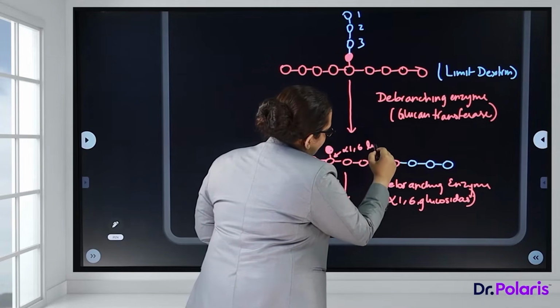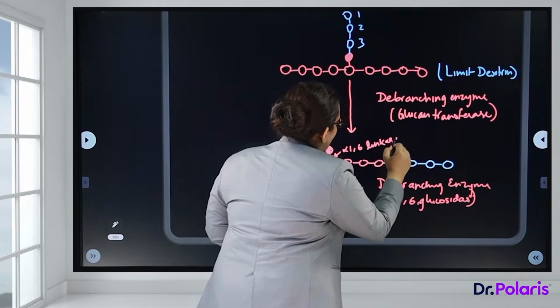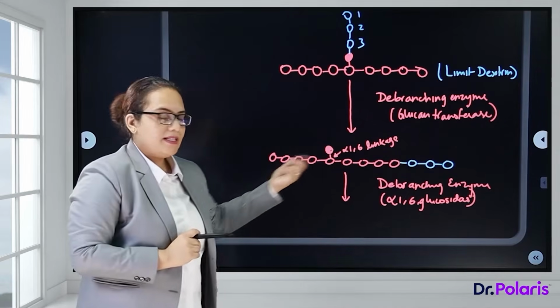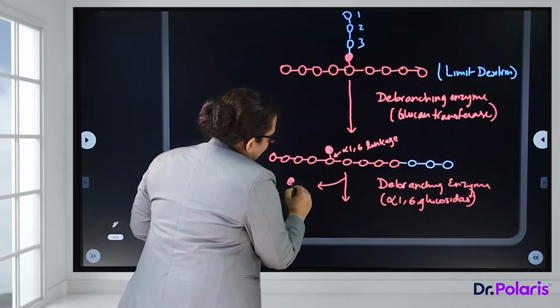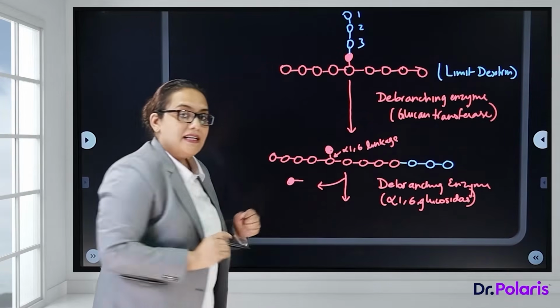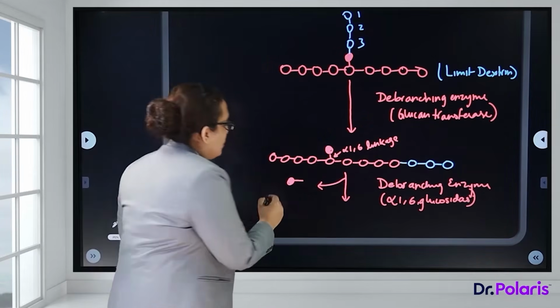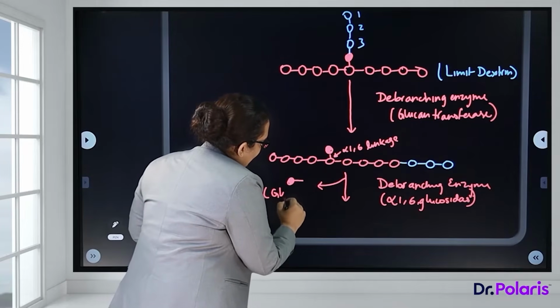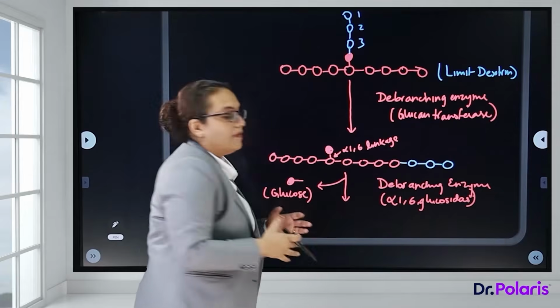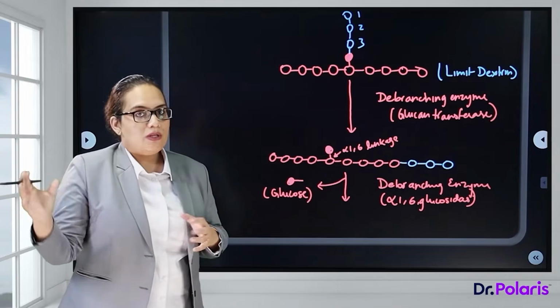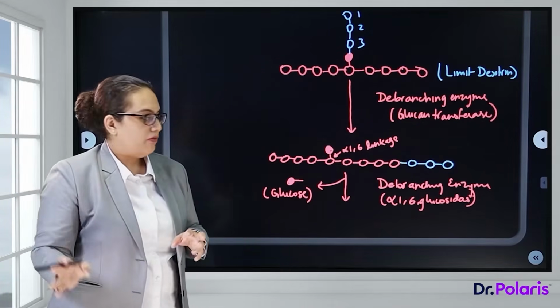So that alpha 1,6 linkage is broken down so as to release the glucose unit present at the branch point. This glucose unit gets released as glucose. Mind you, it is not glucose 1-phosphate but free glucose, which is formed using the debranching enzyme. In the case of glycogen phosphorylase, the glucose units are always released as glucose 1-phosphate.